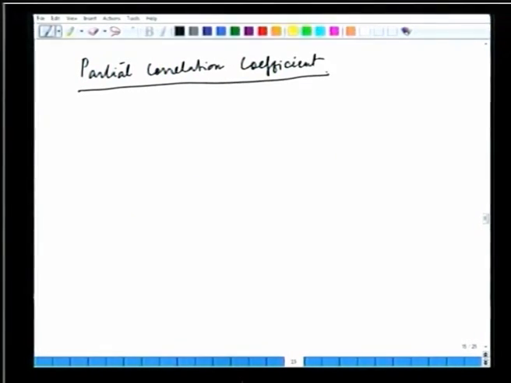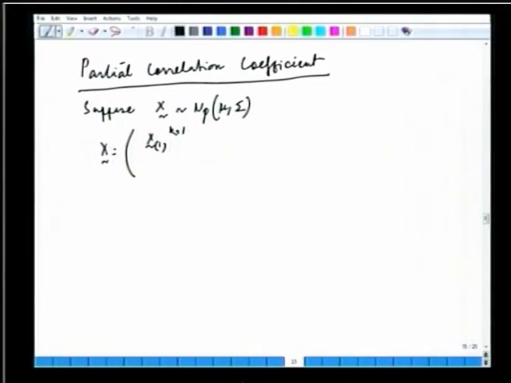And we say that suppose we have x following the usual p-variate normal distribution with mean mu and variance covariance matrix sigma, and we partition x in the form, I have x1 having k elements, so this is k dimensional, and x2 which is p minus k dimensional. So, we have partitioned x in this way.